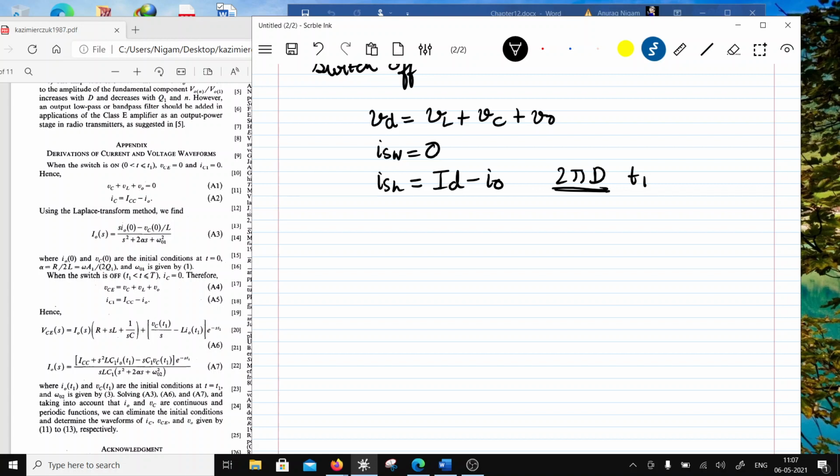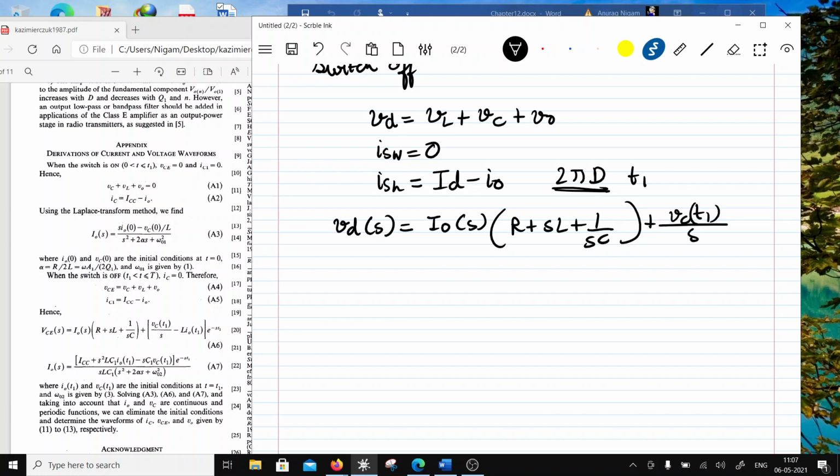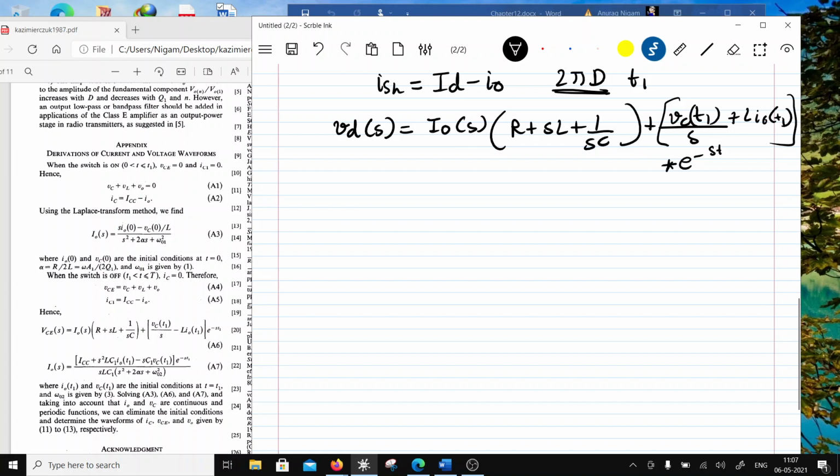right? So for that, I can write the Laplace equation as VD in terms of S is equal to I0(S) times R plus SL plus 1 over SC, plus the initial conditions on the capacitor and the inductor: VC(T1) by S for the capacitor, then L times IO(T1) e raised to minus sT1.